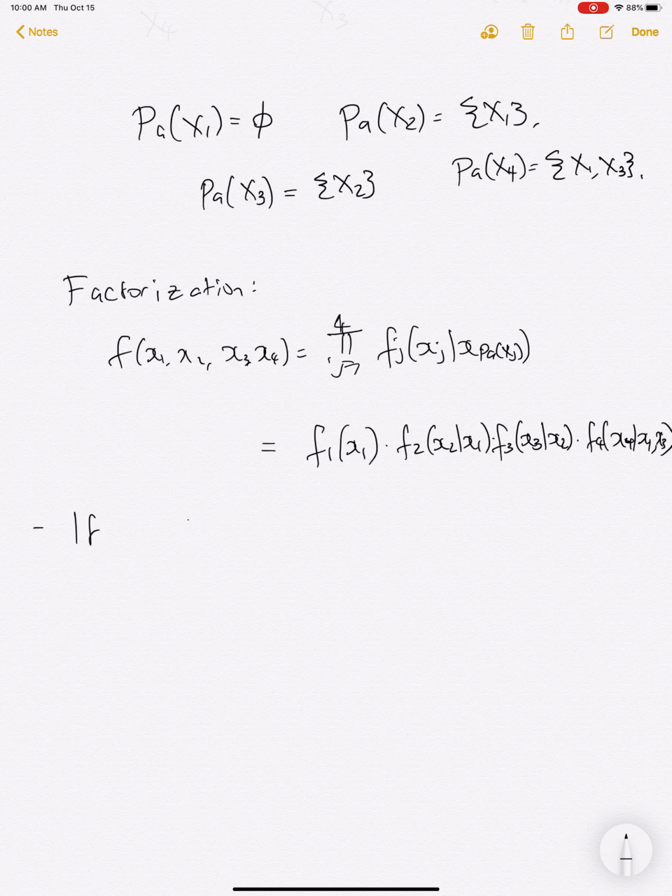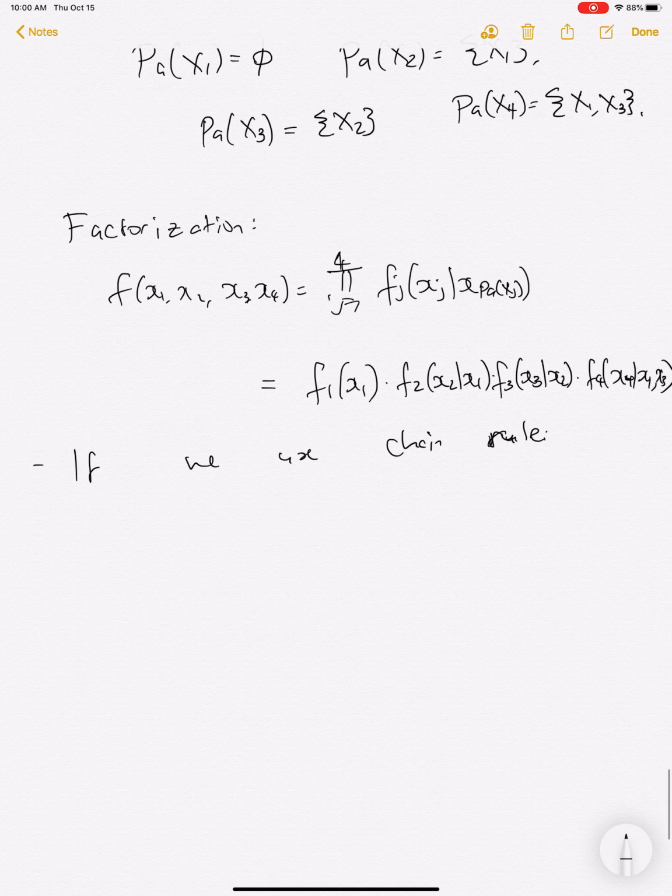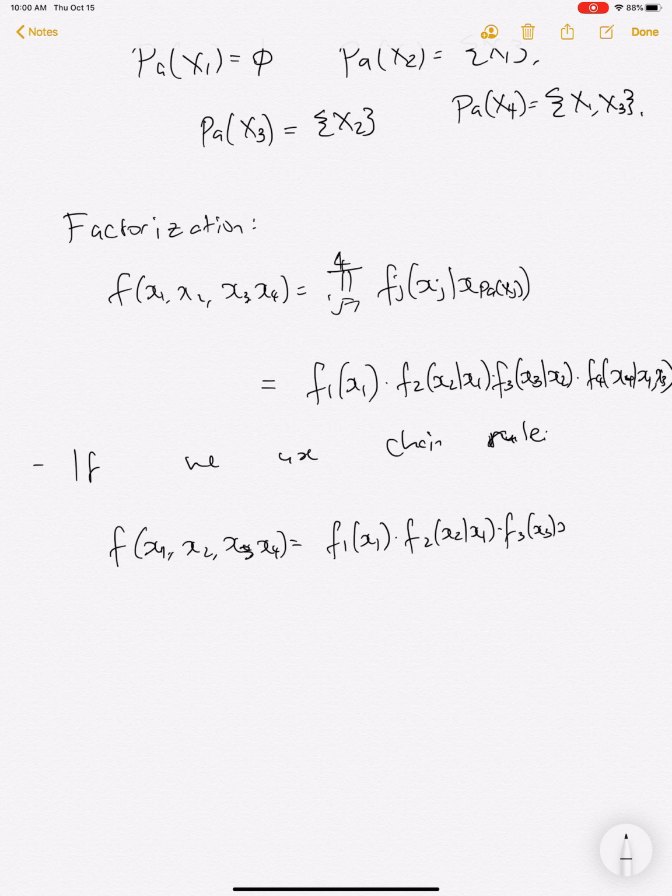If we use the chain rule, and I just want to talk about another way to interpret this, because this is potentially quite new for a lot of you. So if we use the chain rule, f of x1, x2, x3, x4 is equal to f1 of x1, f2 of x2 given x1, f3 of x3 given x1, x2, f4 of x4 given x1.